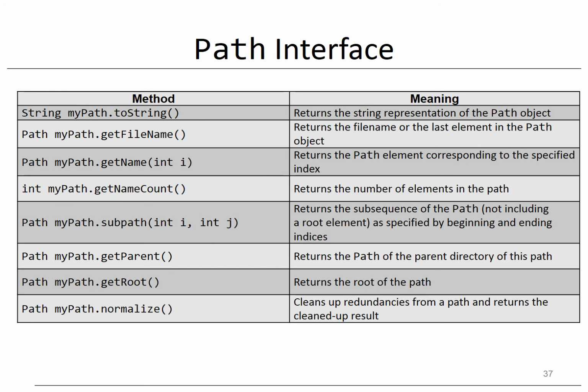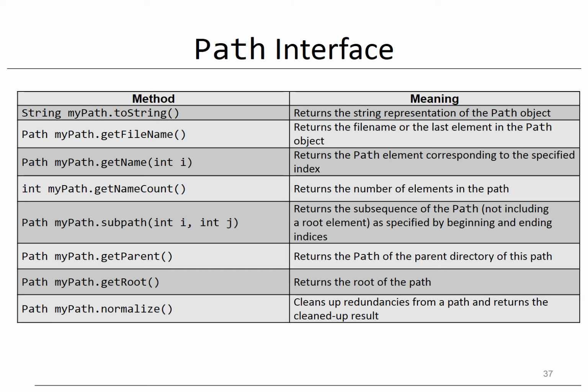Here you can see some example methods that can be called on Path objects. The toString method returns the string representation of the Path object. The getFileName method returns the file name or last element of the Path object. The getName(int i) method returns the path element corresponding to the specified index i. The getNameCount method returns the number of elements in the path.